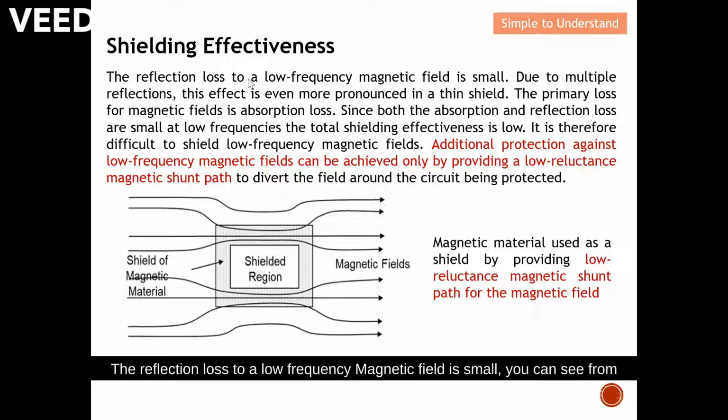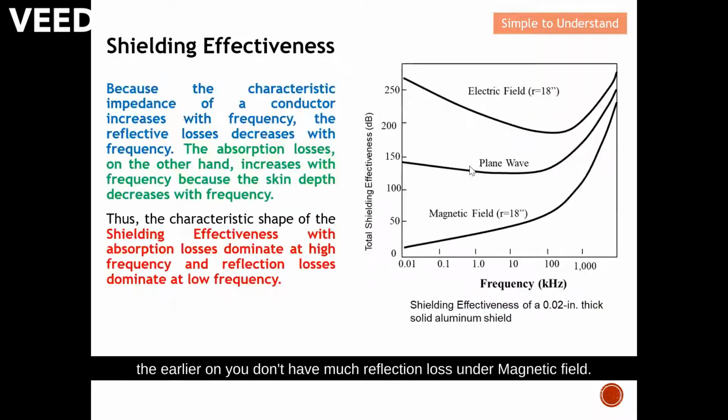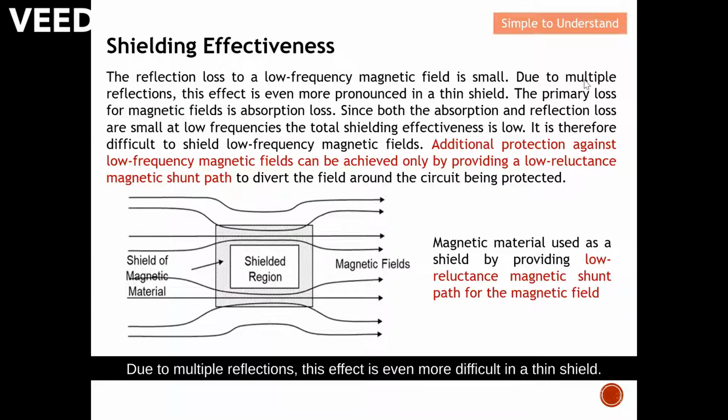The reflection loss to a low frequency magnetic field is small. You can see from earlier that you don't have much reflection loss under magnetic field. Due to multiple reflection, this effect is even more difficult in a thin shield.